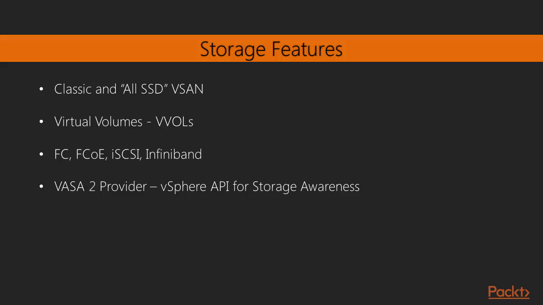And again, you don't have to have a separate storage network. You can just have your Ethernet network and be done with it. And of course, with version 6.5, there is iSCSI static routing support. So you don't have to have your iSCSI initiator and your iSCSI targets in the same subnet. You can have them in different subnets and provide a static route basically to be able to route it across to the other subnet. So nice support there.